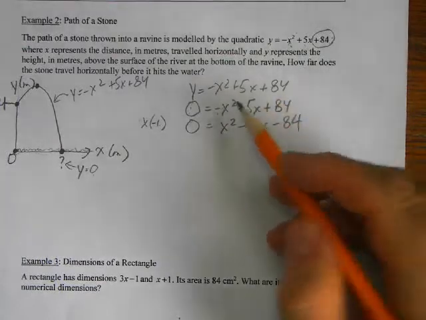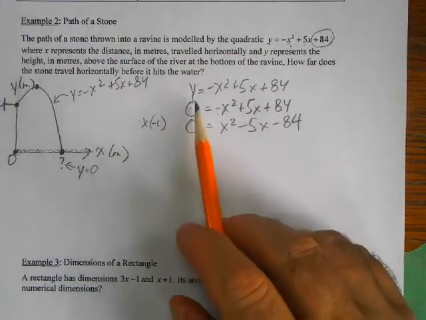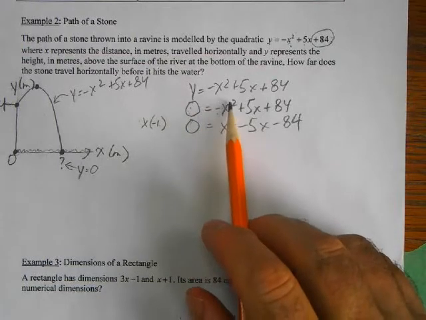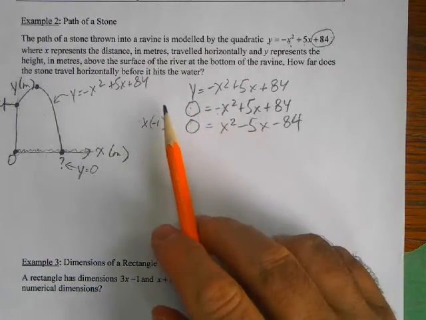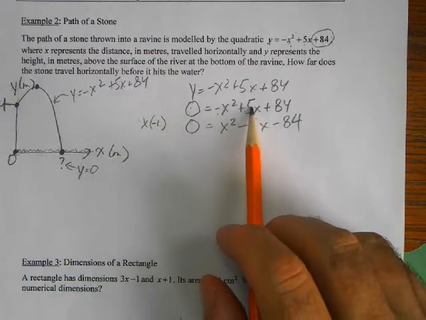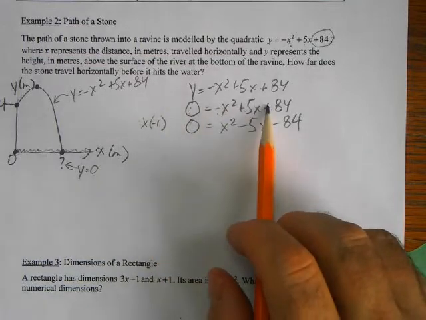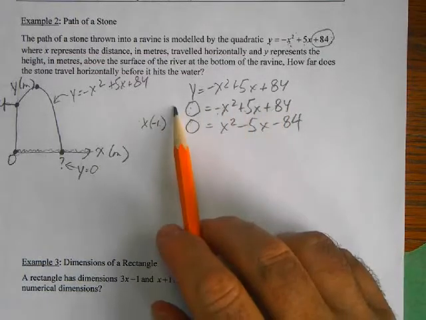The other way you could have thought of this is, if I just add x squared to both sides, and subtract 5x, it'll get rid of this, and I'll have a minus 5x here. Subtract 84, that'll go away, and I have a minus 84.